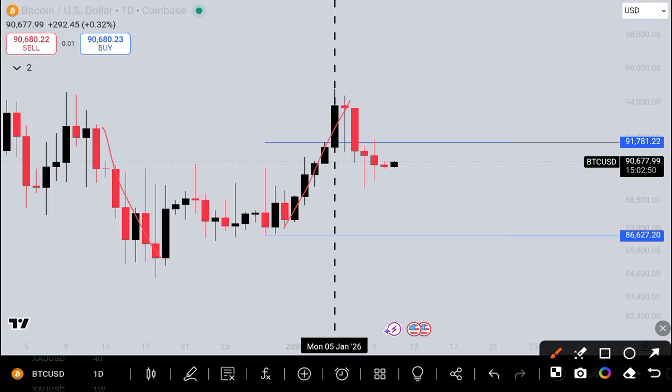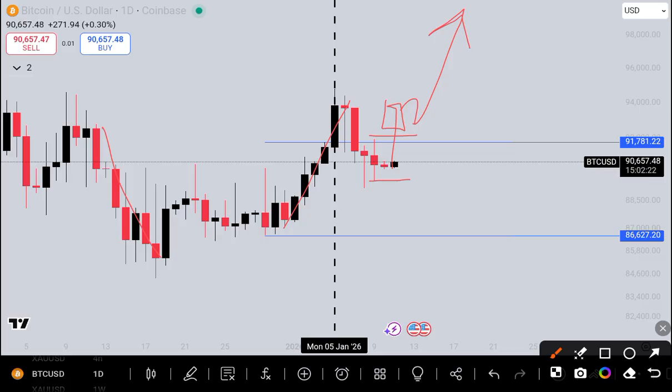Again, since the sell is not confirmed, we can also be expecting a buy. If price goes above this range, probably today's candle or tomorrow's candle, and closes above this range, there is potential for a buy if we retest it and go up.